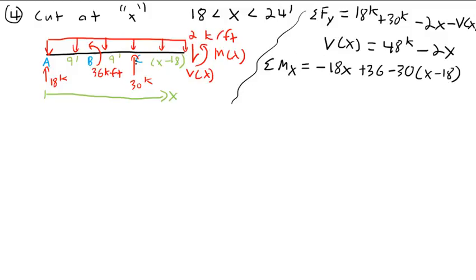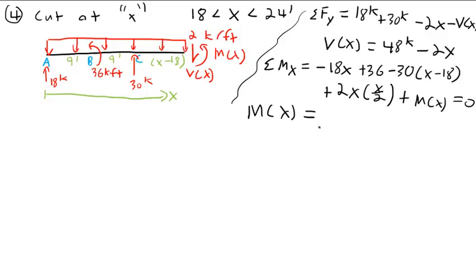That's the moment generated by this reaction here, plus 2x times x over 2, and that is the moment generated by the equivalent point force of this distributed load, plus m of x. And all of this is equal to 0. And m of x, therefore, is equal to negative x squared plus 48x minus 576. And that's the final moment there.